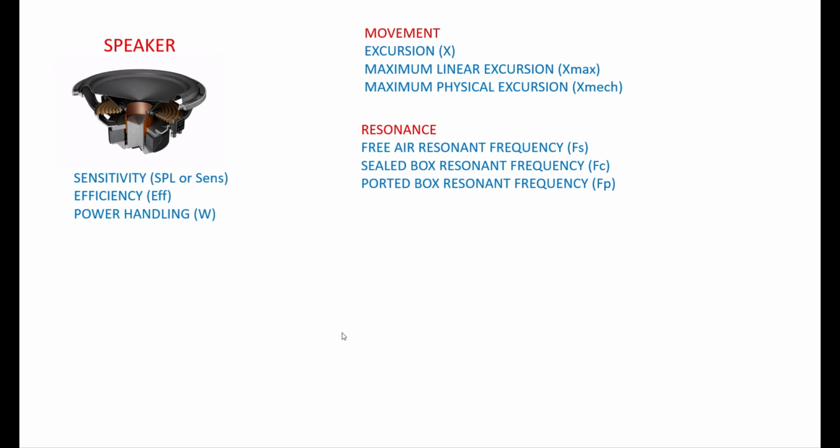What we call the resonance, so how the speaker oscillates at its natural resonant frequency, so that's Fs, or if it's in a box it's called FC, and if it's in a ported box it's called FP. And I'll cover what resonant frequency is and all of that stuff, as I said, later in the tutorial.